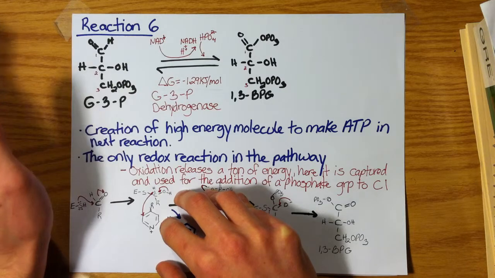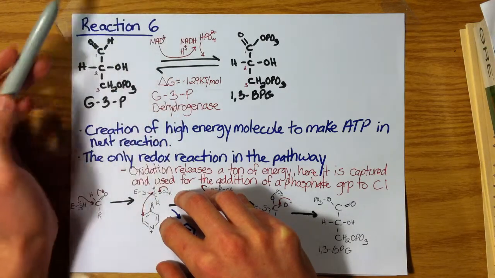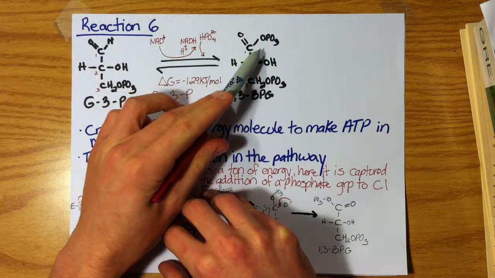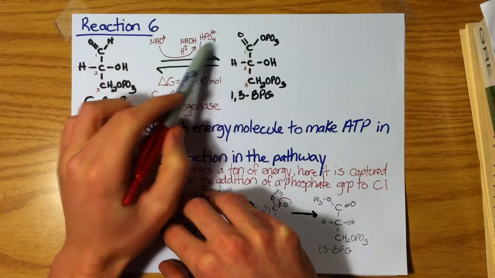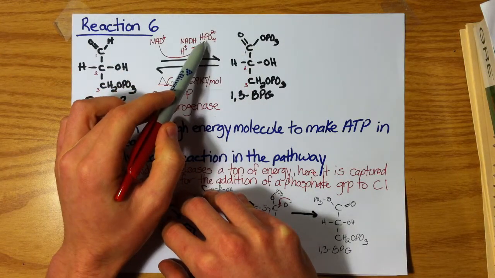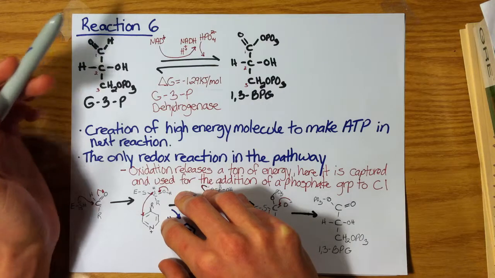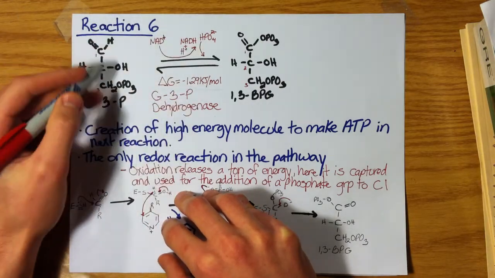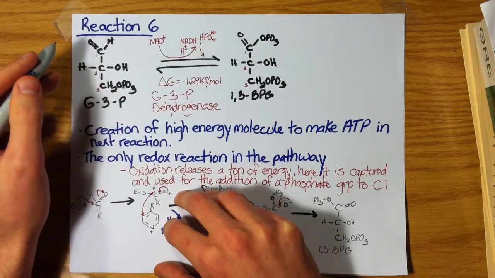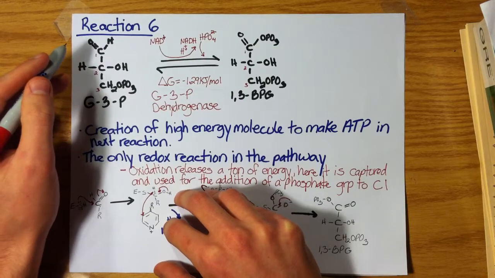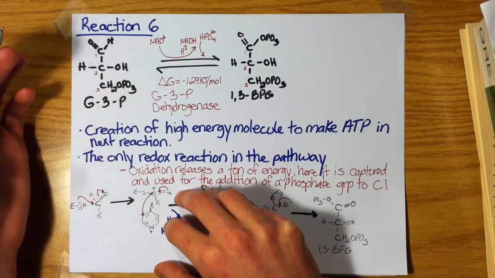Another interesting note here is that we are actually attaching another phosphate group through phosphoric acid and not ATP. And the reason we can do this is because oxidation reactions are extremely exothermic. They release a lot of energy.